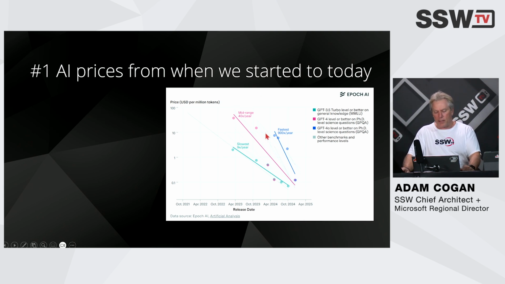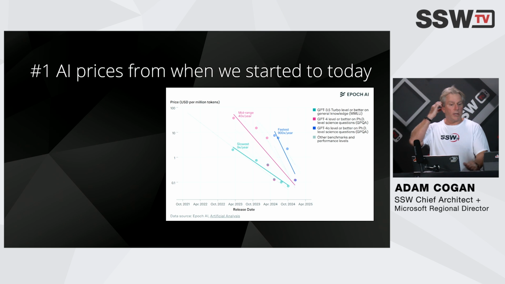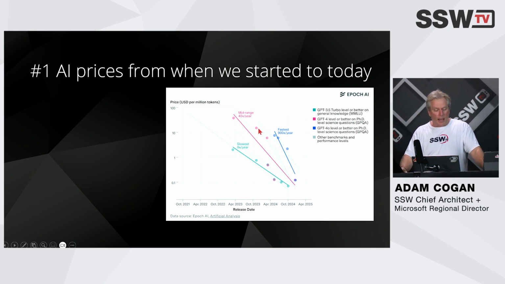Now, we started this probably around this time. See this pink dot? Around that time. And the prices of AI kept coming down, and it was affecting our decisions on what we could do and what we couldn't do, and how much money we would spend on this product. Be aware, the y-axis here is logarithmic, so that would be going way down.